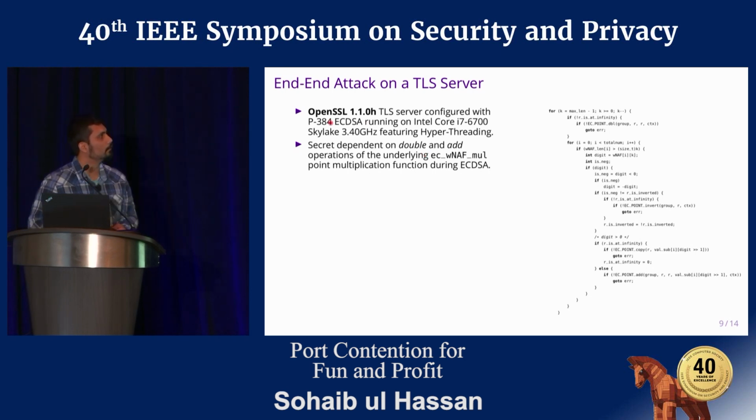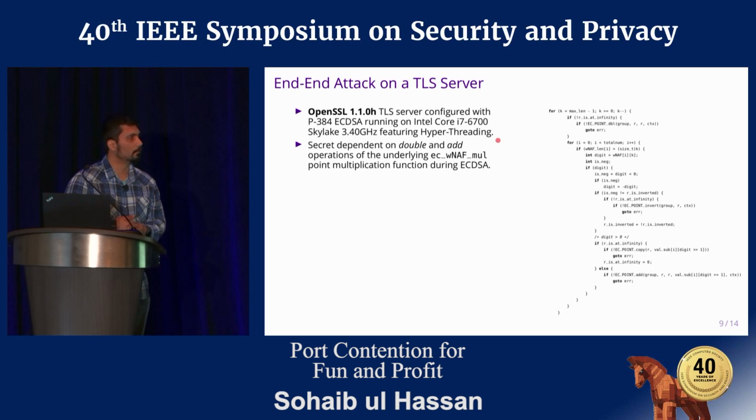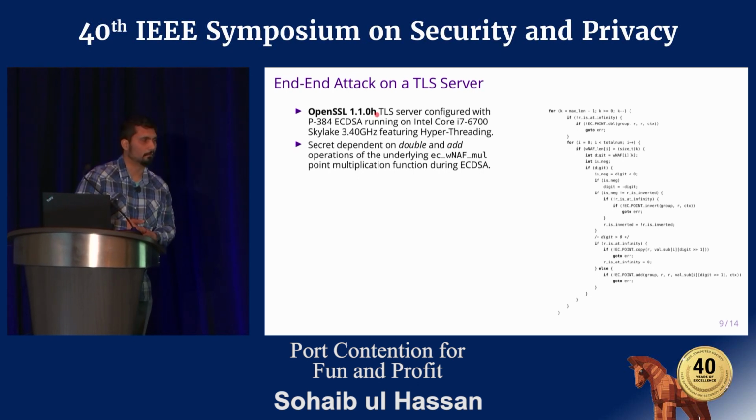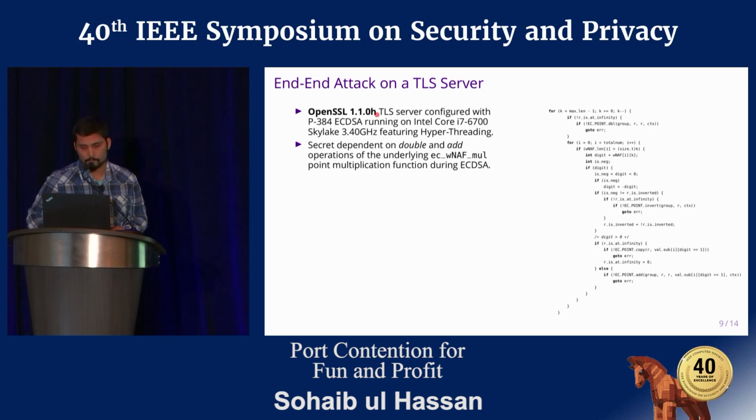We chose the OpenSSL 1.1.0h branch because at that time it was the latest branch which had secret-dependent control flow in the code. And we actually fixed the branches in the future release branches with another work that we did previously.